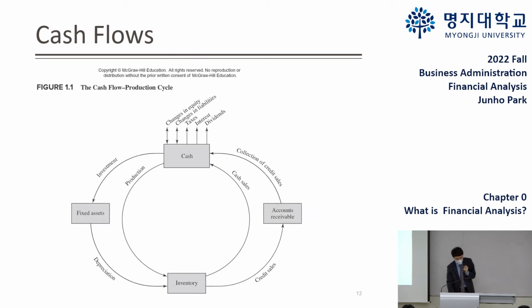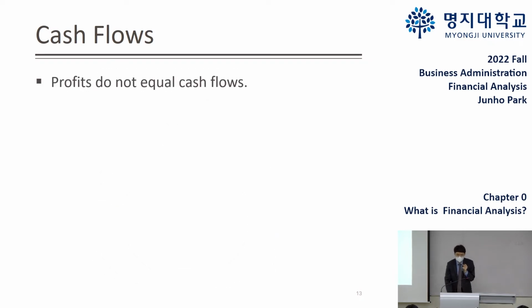And then the problem of the two financial statements previously described is that they do not show you enough information about the cash you have. So sometimes accounting profits do not match your cash flows.